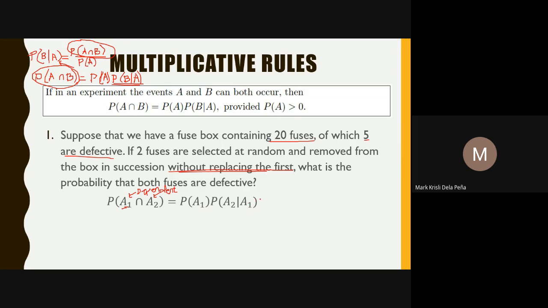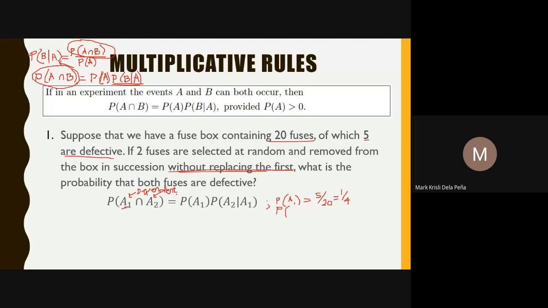Now, what is the probability of A sub 1? That will be our first selection. Since there are 20 fuses in the box and 5 of which are defective, the probability of A sub 1 will be 5 over 20. Take note that A sub 1 is that the first fuse selected is defective. That's equal to 1 over 4, right? Then, how about the second one?